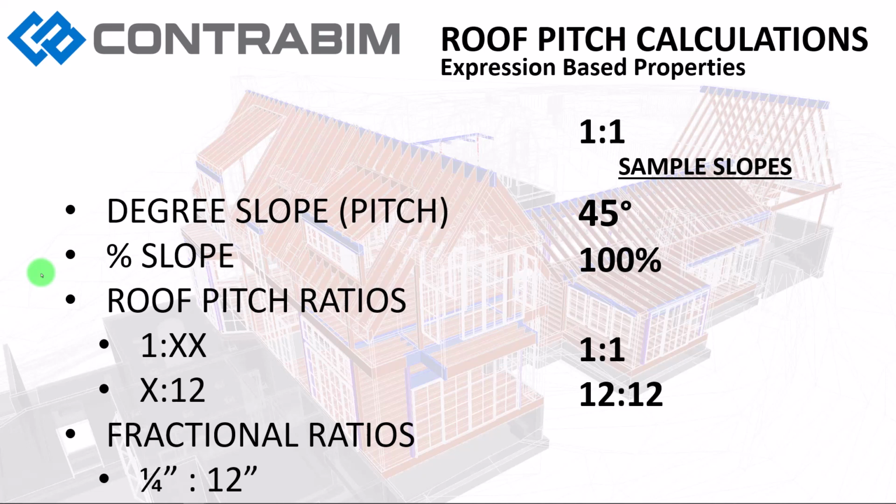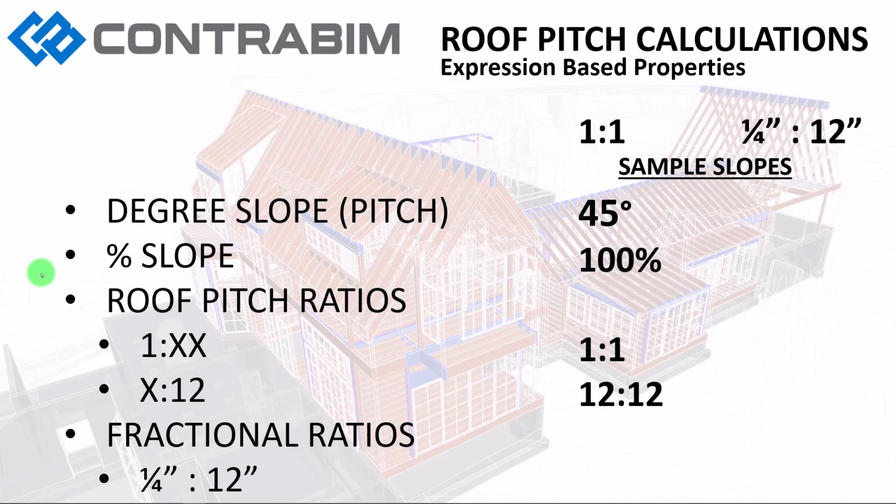And you can see here our roof pitch ratios, of course, are 1-to-1, or if we look at it in a fixed number there on our run, it would be a 12-to-12, and all that makes a lot of sense. Pretty straightforward stuff.